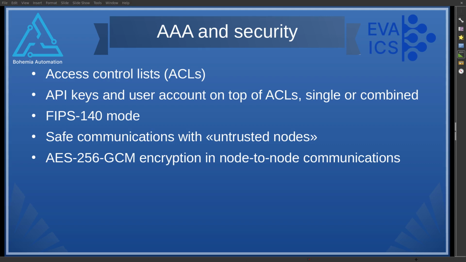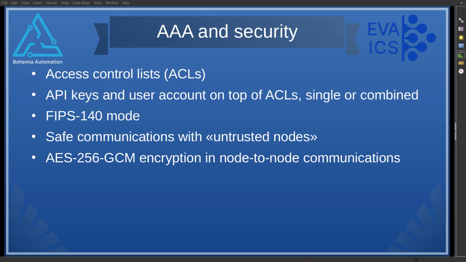EVA ICS version 4 has got FIPS 140 mode, which allows it to be used in government, healthcare, and other related setups, and actually makes the product more attractive for mission-critical systems.